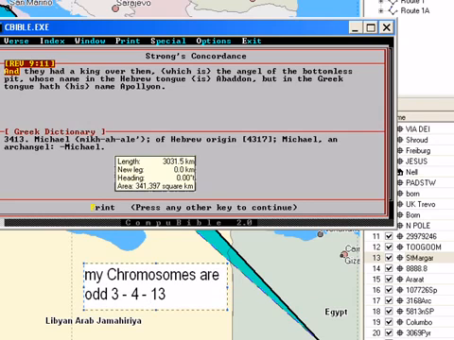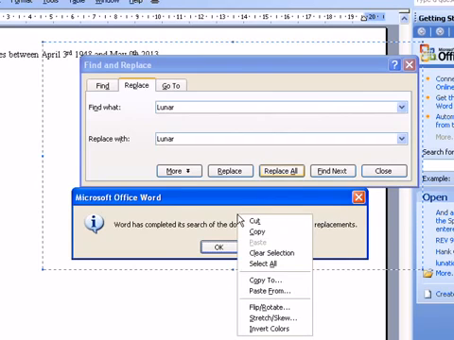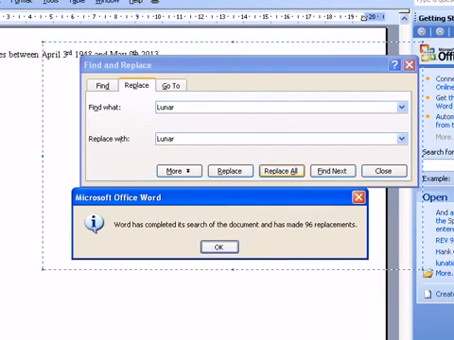So what you see I've done here is replacing, which is shown in the PowerPoint we'll get to in a minute, but you see it's 96 replacements. So I copied that, and then we take it over to the PowerPoint.